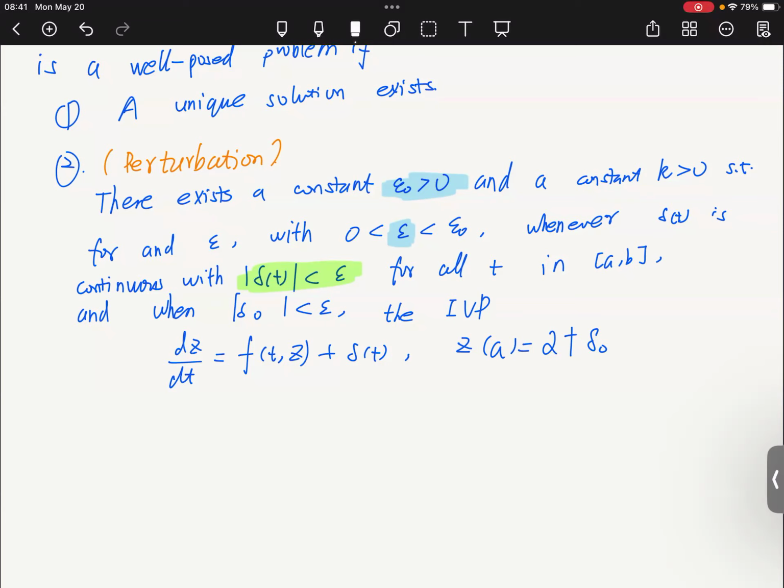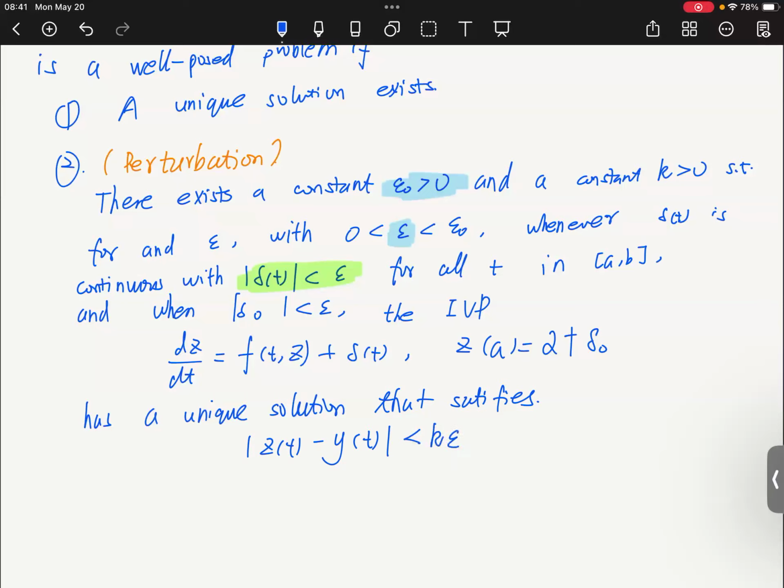So this IVP has a unique solution, and it satisfies that for every t, in the whole time domain, the difference between z, the solution to the perturbed problem, and y, the true solution to the problem without any perturbation, is smaller than k times epsilon for all t in AB.